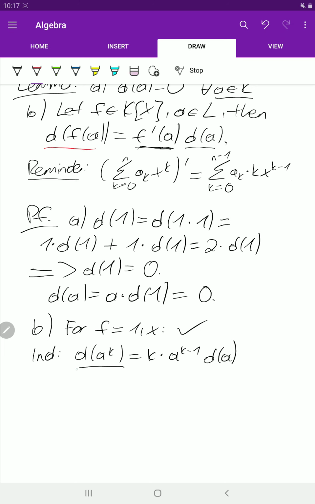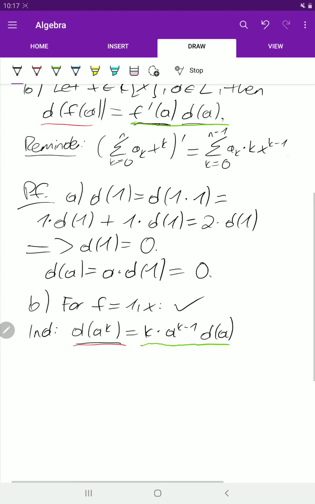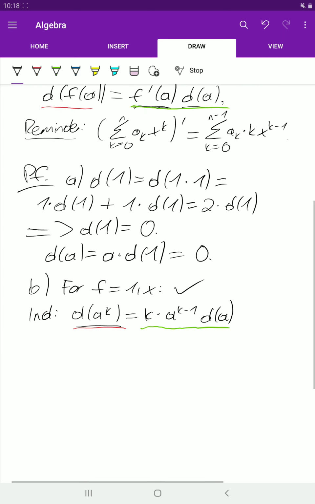So this corresponds to this, and this corresponds to this. Okay, so that's what we want to show by induction. So for 1 and x, we already said that it's clear.